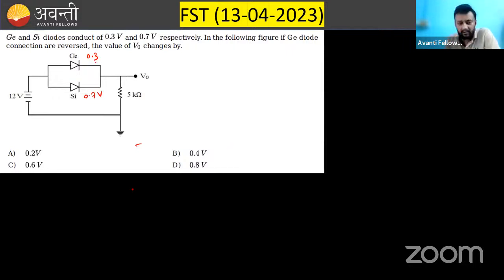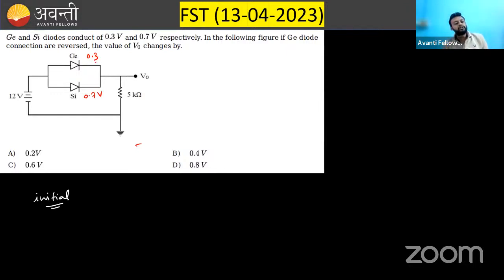Now, this is again a very good question. Listen, one thing for sure. First is initial situation, when germanium diode is connected as shown in the diagram. In that situation, out of the two diodes, germanium or silicon, you can see both are going to be forward biased because both positive is connected with the positive of the battery.